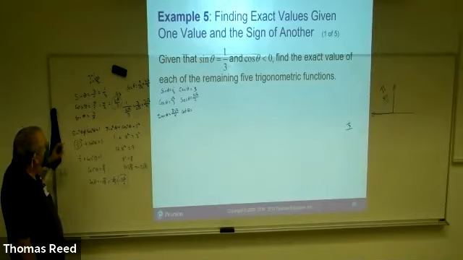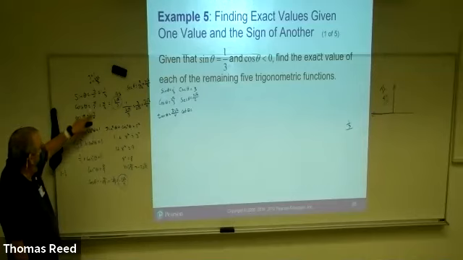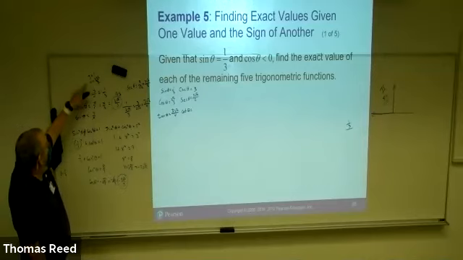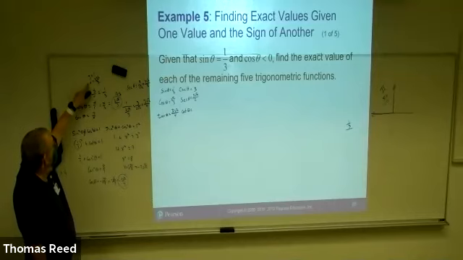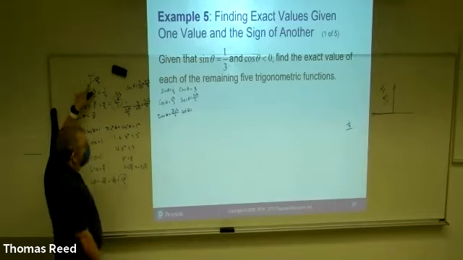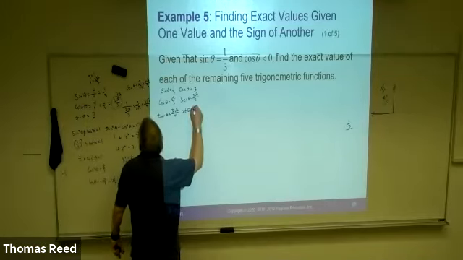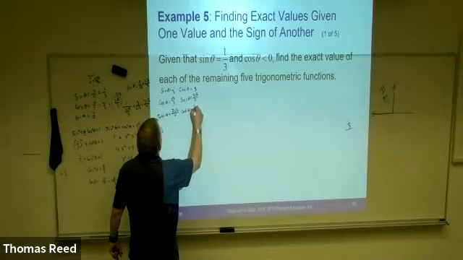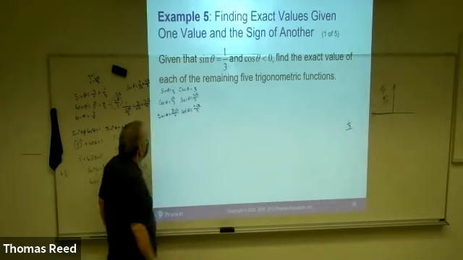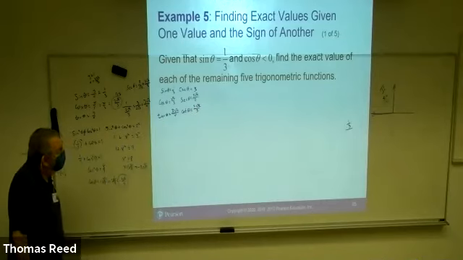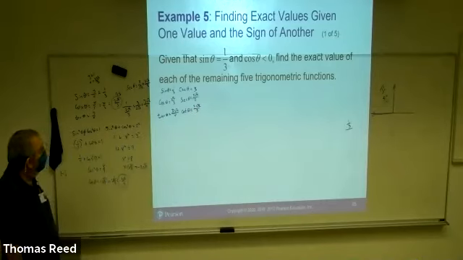Now, cotangent, I can either look at it as the reciprocal, so that's going to be x over y. So x over y is just the x value in this case, which is 2 square roots of 2 divided by 3. That was the easy one.